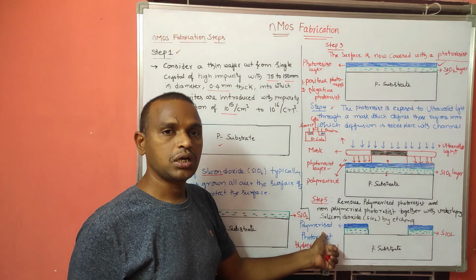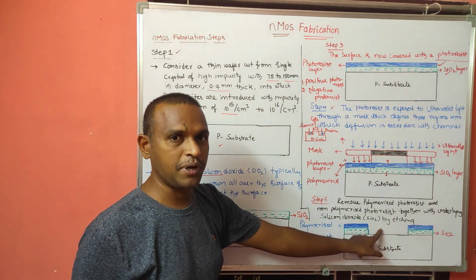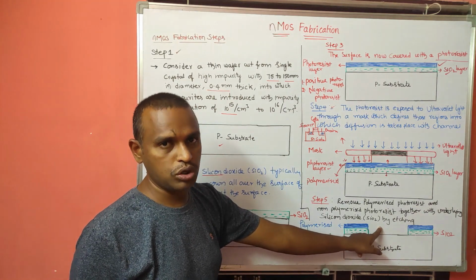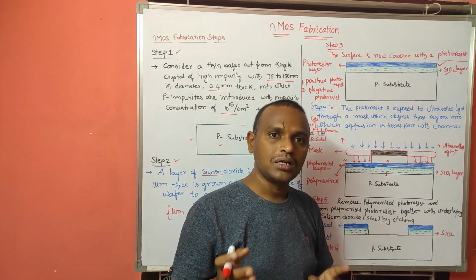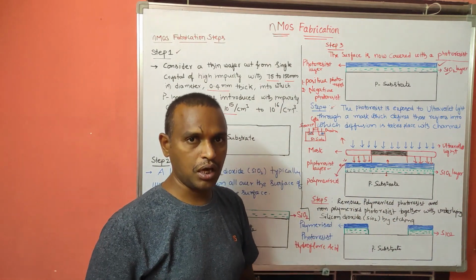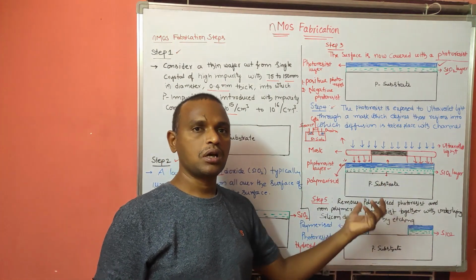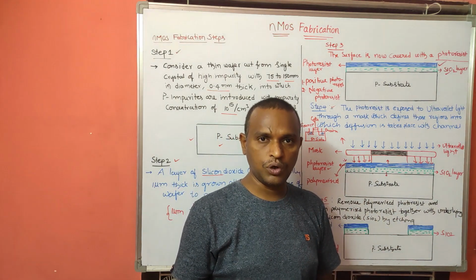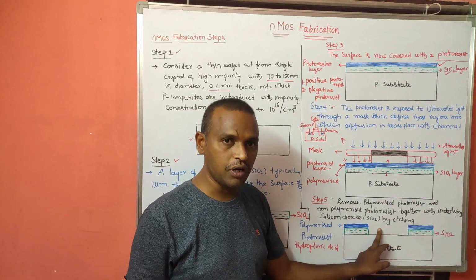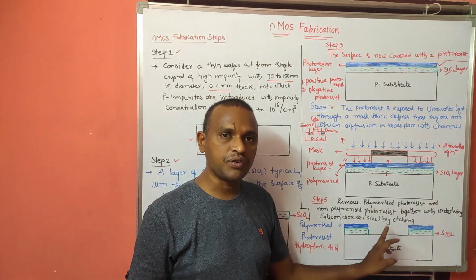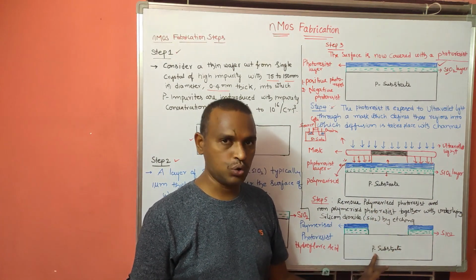The unpolymerized photoresist is removed, and SiO2 is also removed by the etching process, using hydrofluoric acid, the acid used to remove the non-polymerized photoresist and the SiO2 under it.